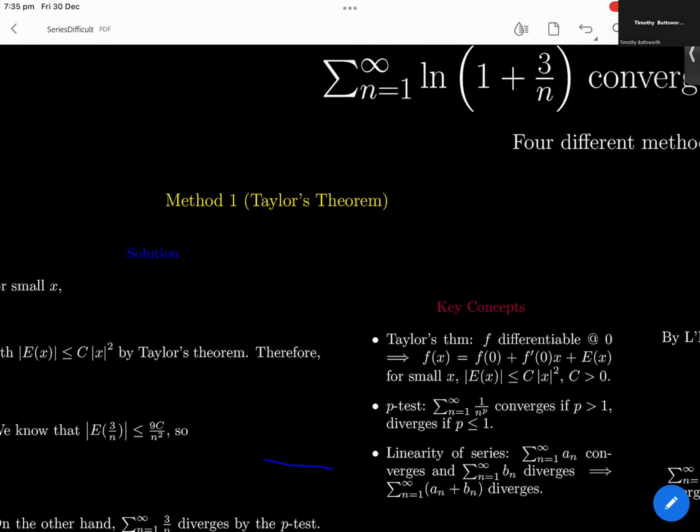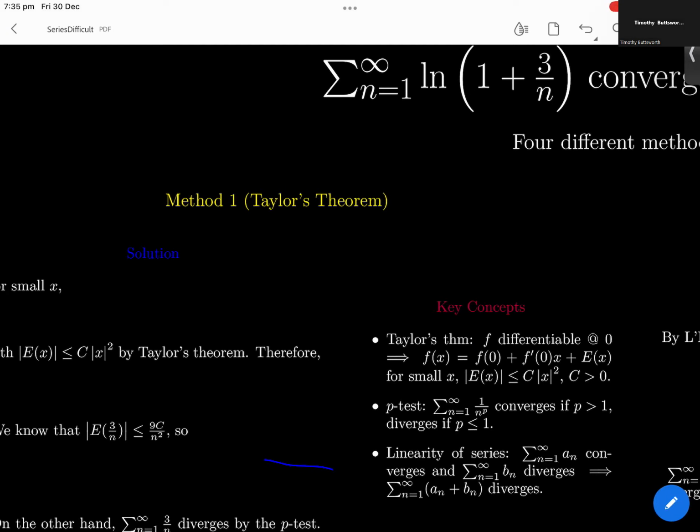If f is differentiable at 0, for example, then we can say that f of x is given by its linear approximation at 0, which in this case is f of 0 plus f prime of 0 times x, plus e of x, which I'm going to call an error term.